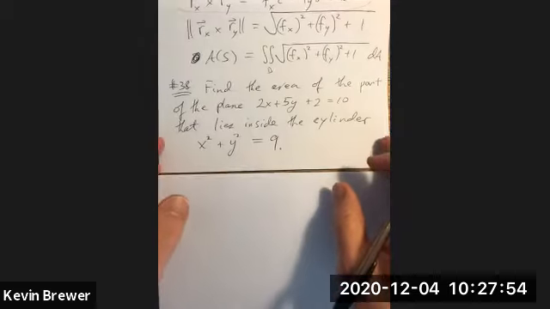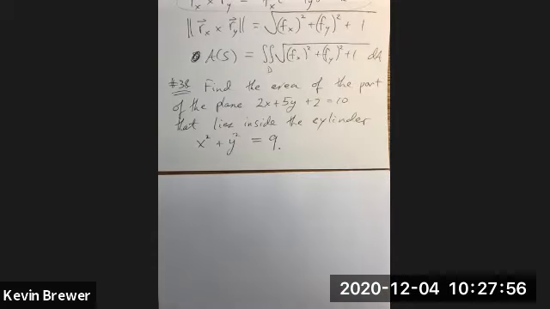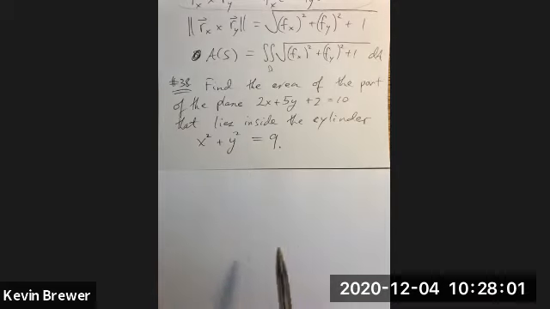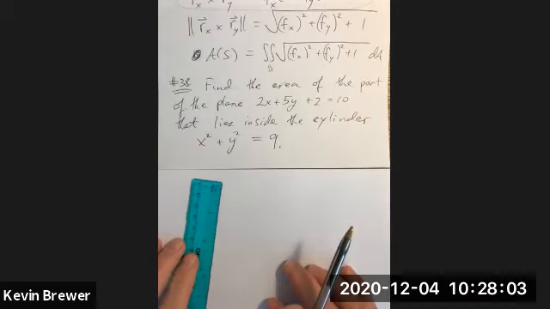Let's get a bit of a grip on this. So what is this? This is a circular cylinder centered along the z-axis, right?